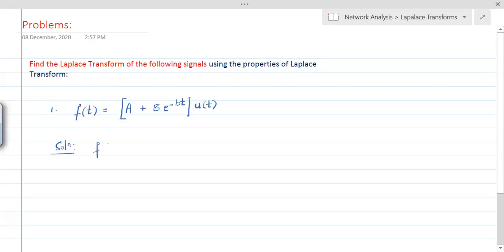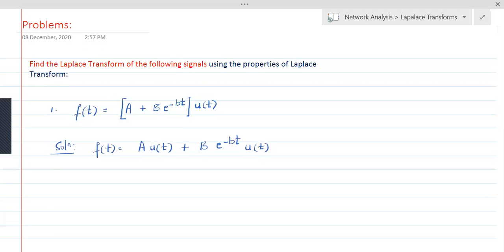We shall write the signal f of t as A into u of t, the unit step function, plus b into e power minus bt into u of t. Everybody understand this point now?